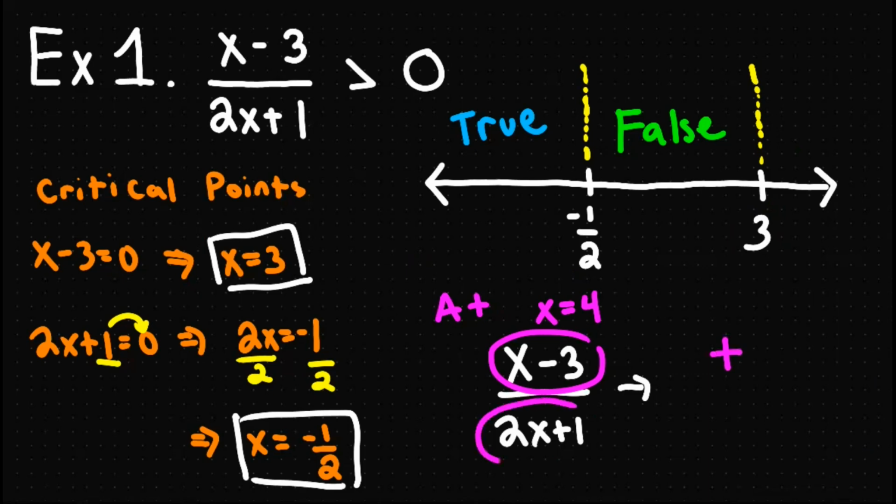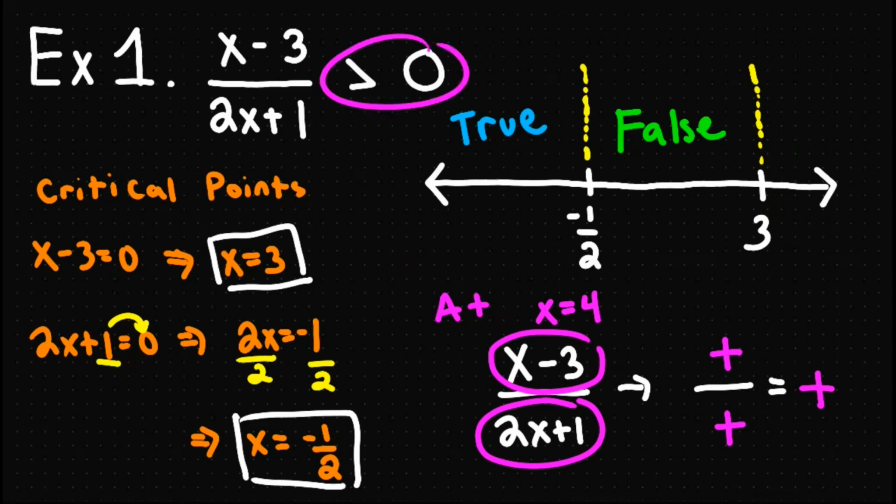Then for 2x plus 1, we'll have 2 times 4 plus 1, which is 8 plus 1, which will give us a positive value still. So positive over positive will give us a positive value. So it is greater than 0. So since it is satisfying our given inequality, we say that this region out here is true.